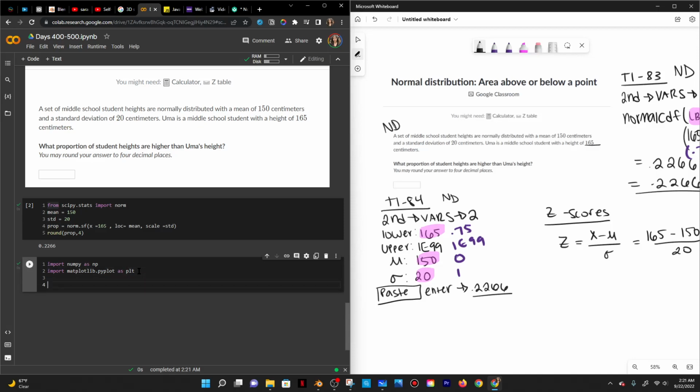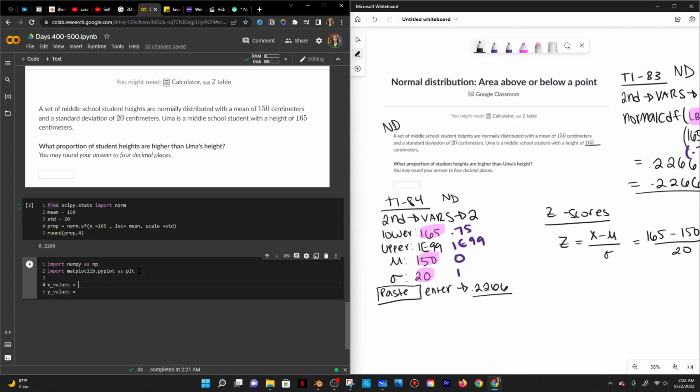Essentially our x values are the student's heights, and then our y values are basically the density, or the probability, of the student's heights. So to get those, I'm just going to set up my x values and my y values.